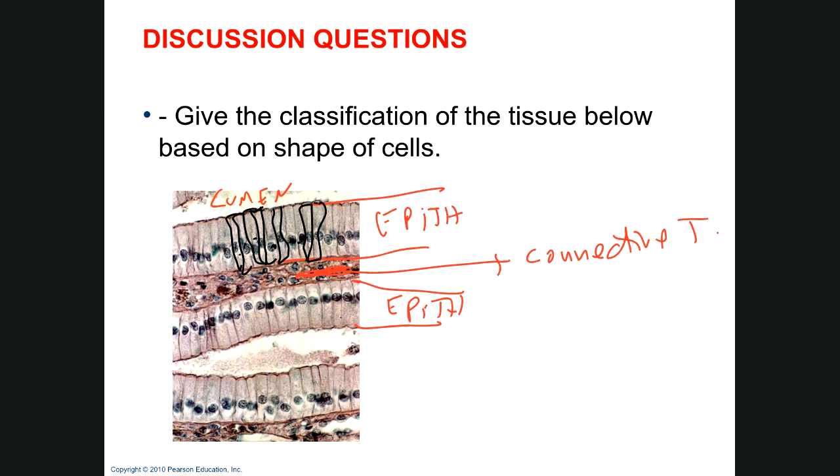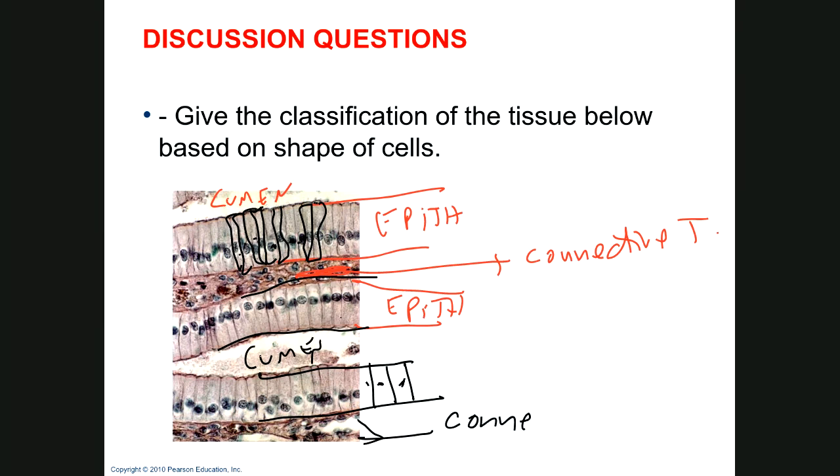This is another layer of epithelial tissue right here. Again, lumen, this is surface, and here's yet another layer of epithelial tissue, little cells lined up next to each other. This right here is, again, connective tissue, which is always found supporting epithelial tissue.